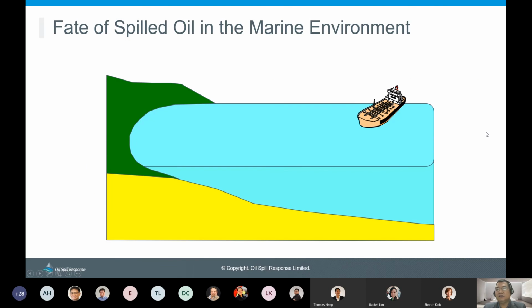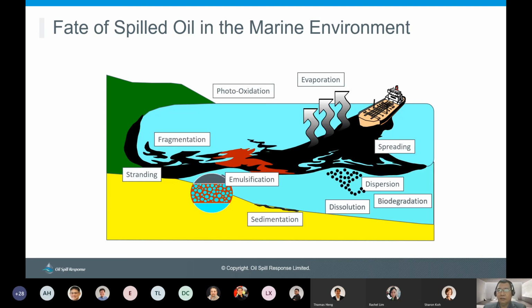Okay, so let's take this for example. If we have a vessel incident, what could happen to the oil if it spilled into the marine environment? Looking at this, once the oil goes out of its containment, it could spread, evaporate, photooxidize, fragment, get stranded, emulsify, sediment, dissolve, disperse, and biodegrade.